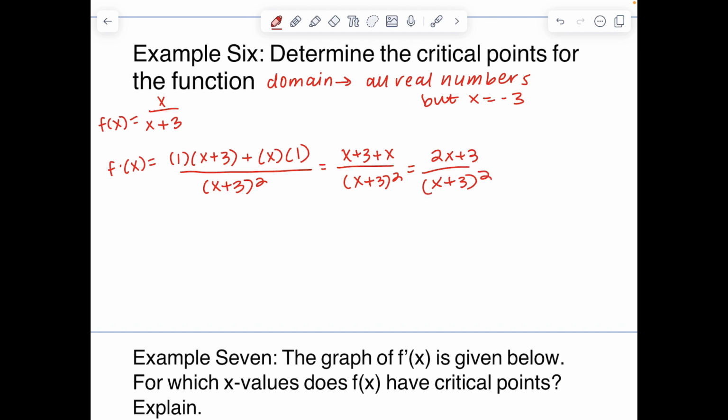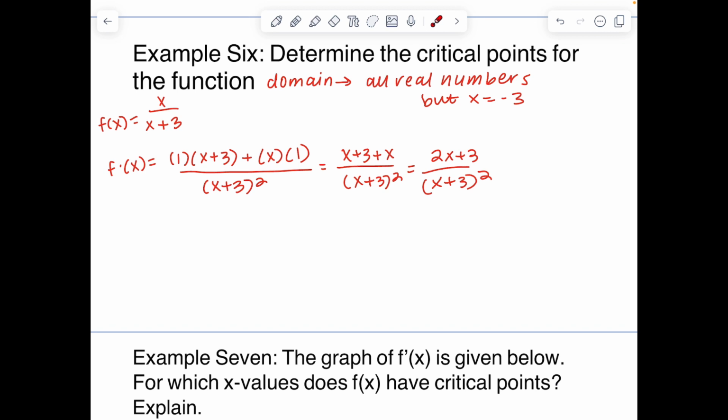That's the derivative simplified. And so the two questions we ask ourselves: is there any place where this derivative does not exist? And actually there is an answer to this one. It would not exist at x equals negative 3. But because the original function doesn't exist at negative 3, that does not count as a critical point, because there couldn't be an extrema on the original function if it didn't exist.